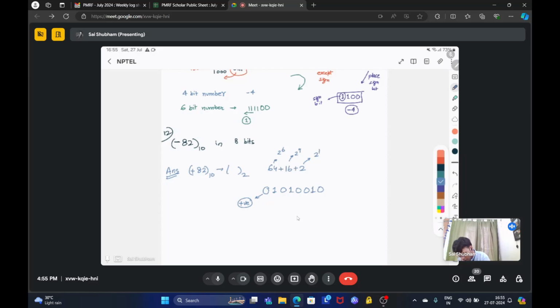Okay, and now if I need to convert it into negative number, what I will do is take these many bits, flip them, basically invert them, then I will add 1.